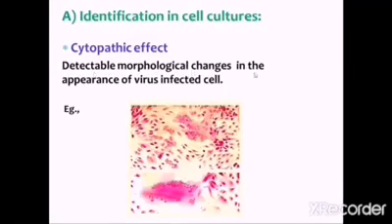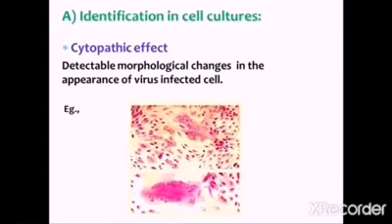So, detectable morphological changes in the appearance of a virus-infected cell. It gives you a presumptive identification of virus growth in cell culture, and at the same time, it's a manifestation of virus-infected cells that are dying or dead. Let me give you an example of measles and respiratory syncytial viruses.